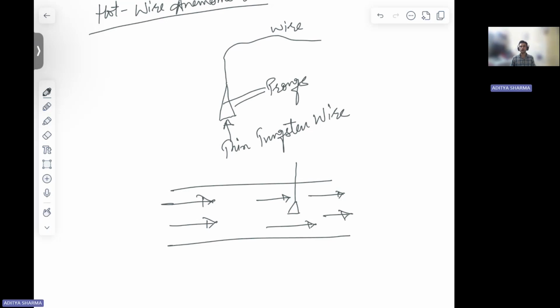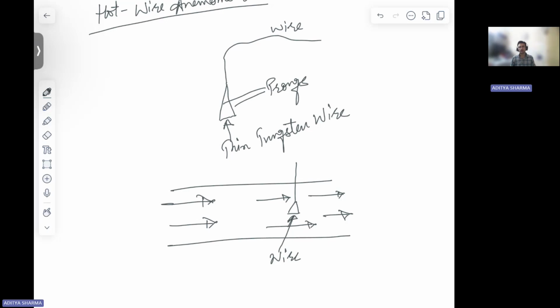Because of the velocity, the flow will pass through this wire, and the temperature of this wire is going to go down.